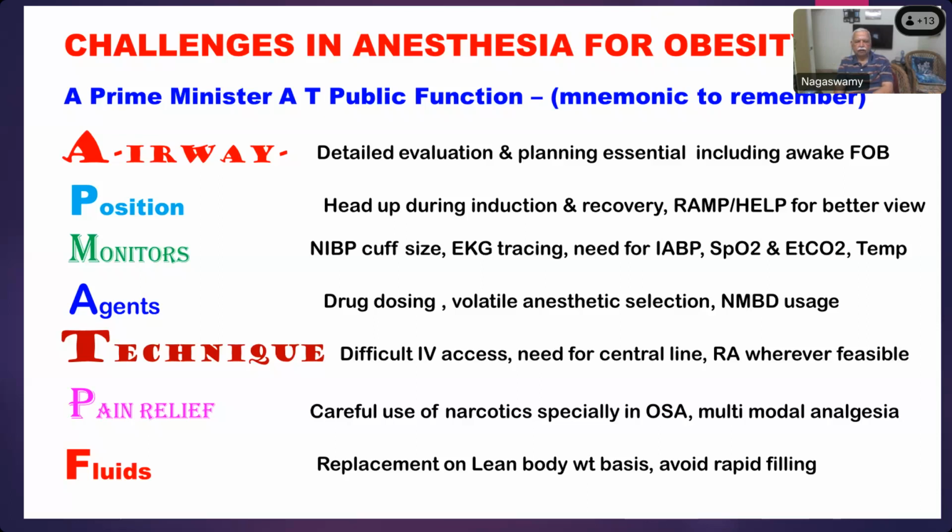And pain relief: careful use of narcotics intraoperatively, especially if the patient has OSA, and multimodal analgesia in the post-op period, and fluid replacement on a lean body weight basis, avoiding rapid filling. So if you remember these 7 points, I think you can fairly manage even your morbidly obese patients in a reasonably good way.